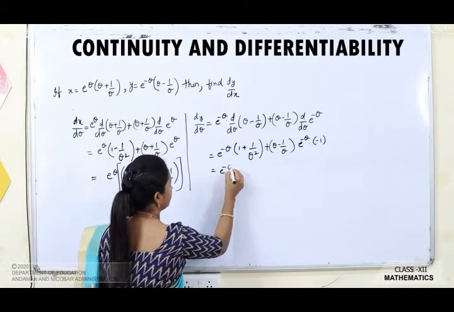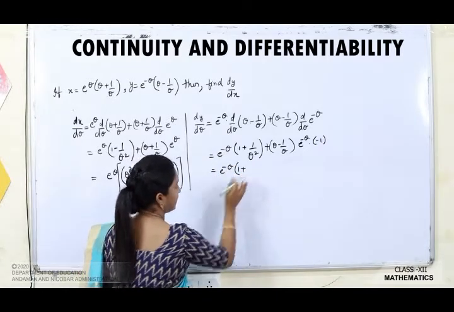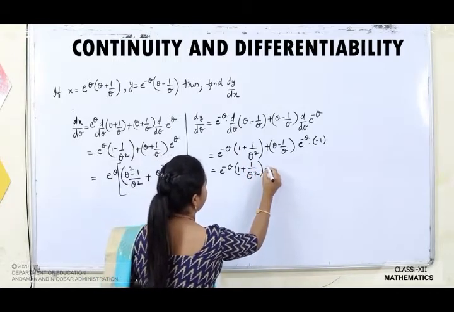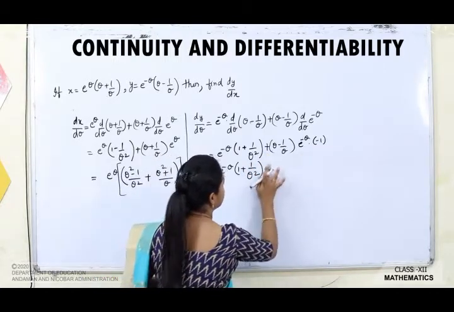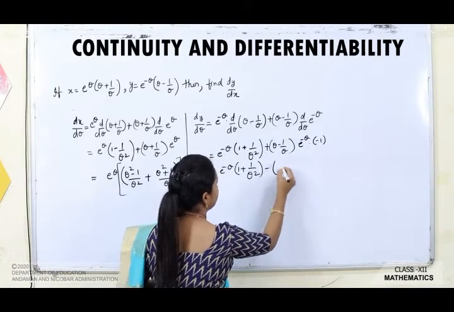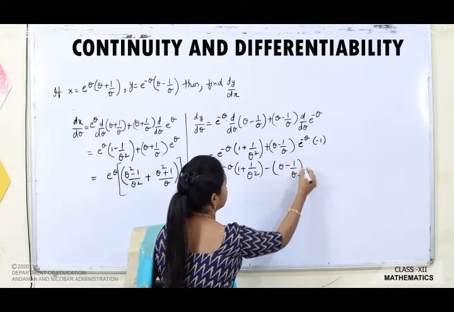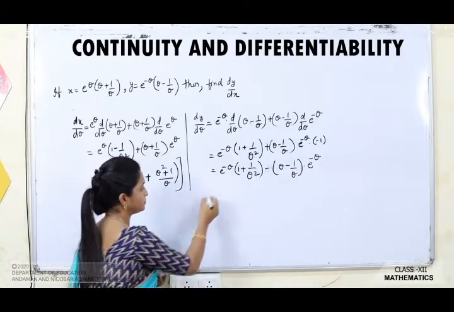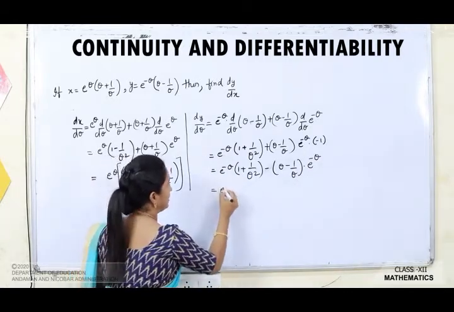So, e power minus theta, again you can write down 1 plus 1 by theta square. This plus and minus will become minus here and theta minus 1 by theta into e power minus theta. Clear, children? Again you can take common e power minus theta.